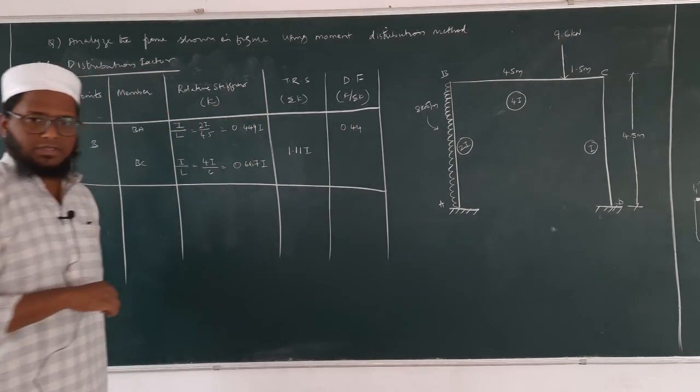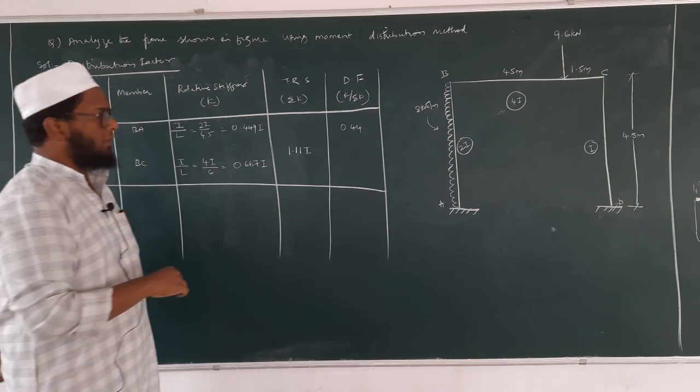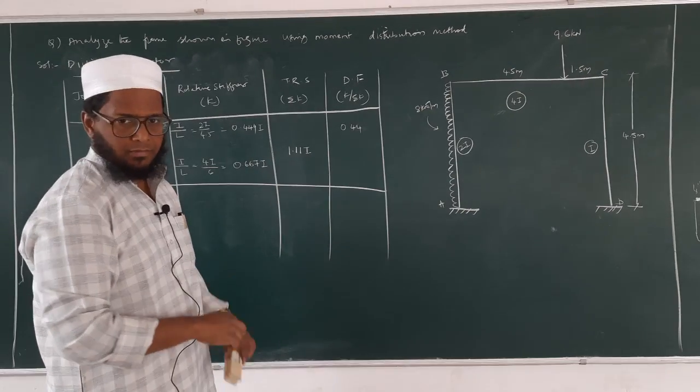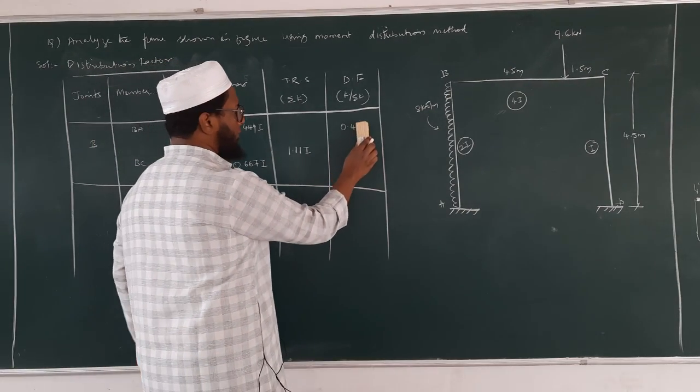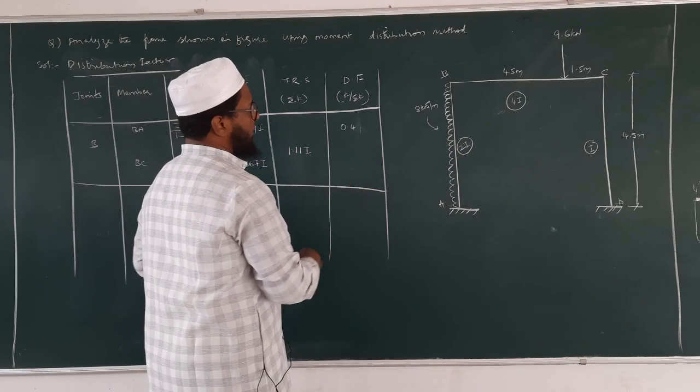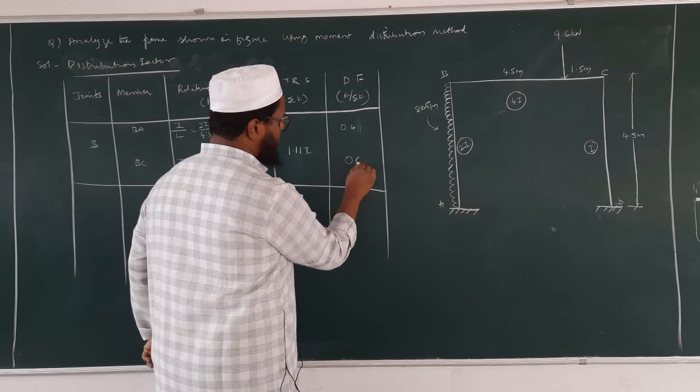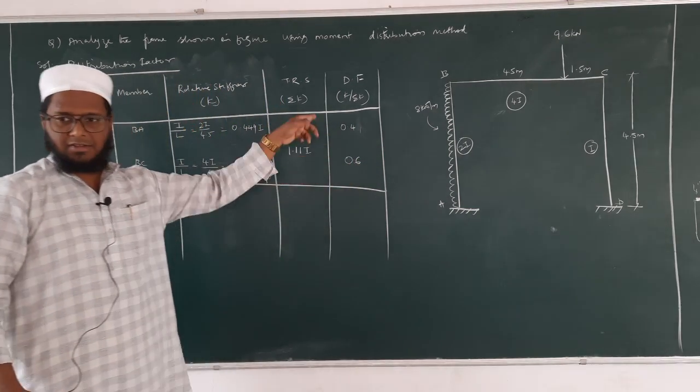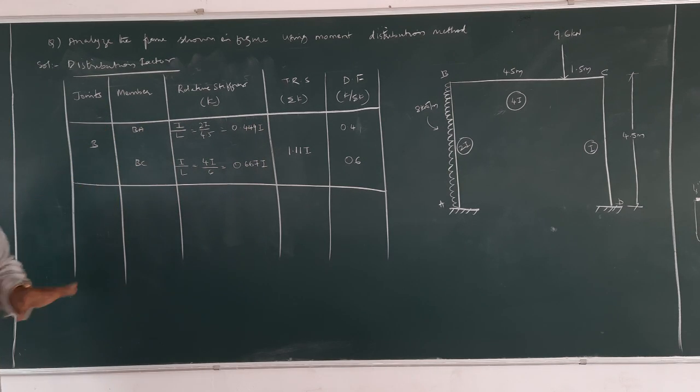And the next one will be 0.6. Always remember you should get approximately 1 when you add those two distribution factors.